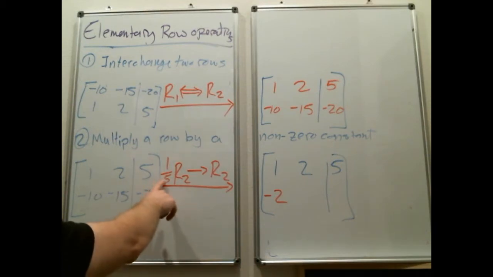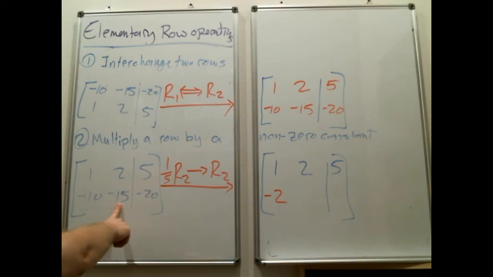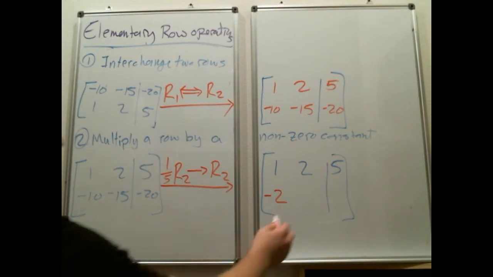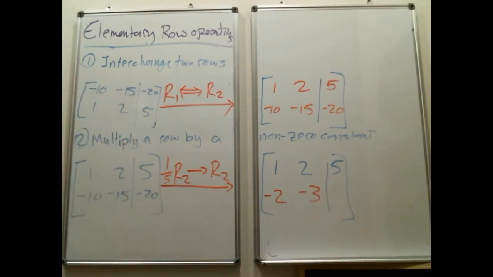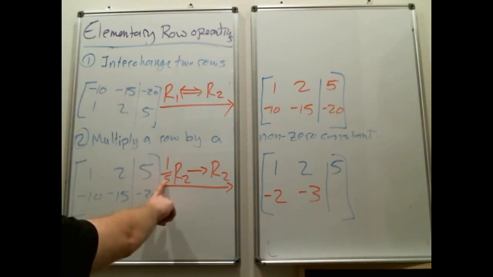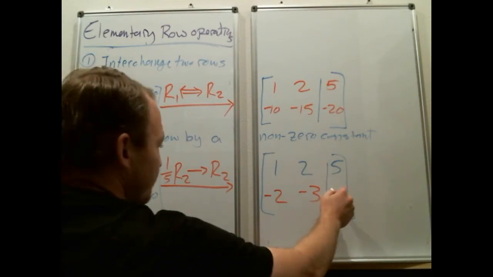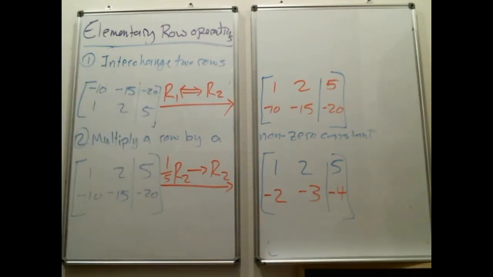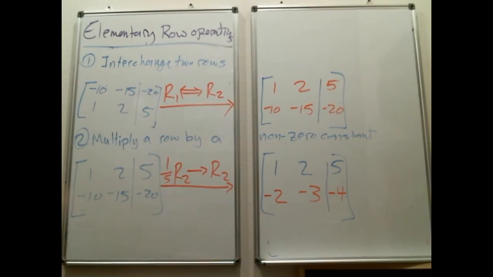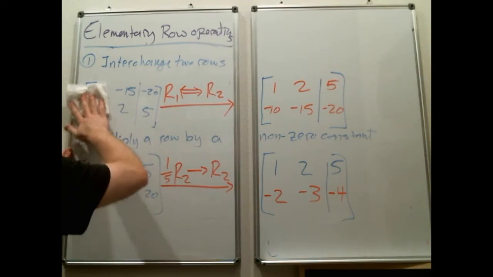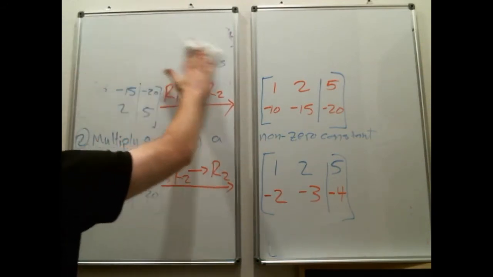And then you move on to the next entry. 1/5 times negative 15, that's negative 15 over 5, which is negative 3. And then move on to the next entry. 1/5 times negative 20, which means negative 20 divided by 5 is negative 4. Okay, so that's multiplying a row by a non-zero constant. I'm going to leave this bottom one on here because I'm going to use it in the next example.